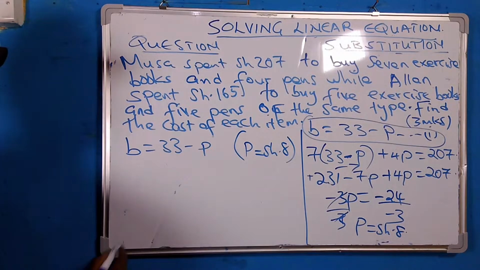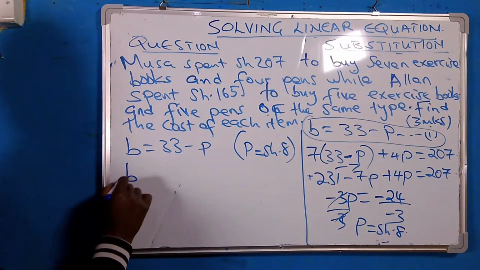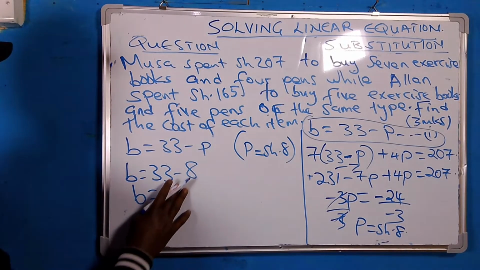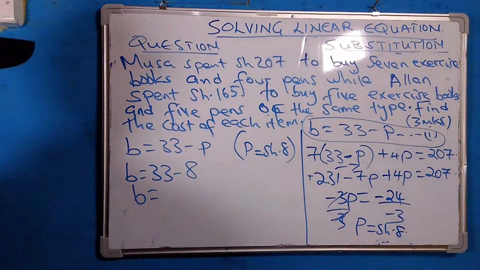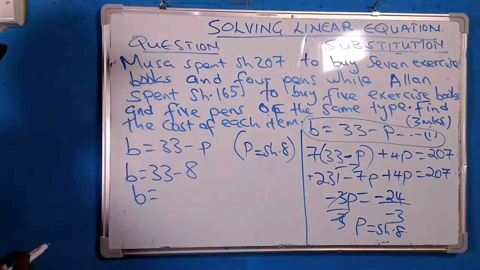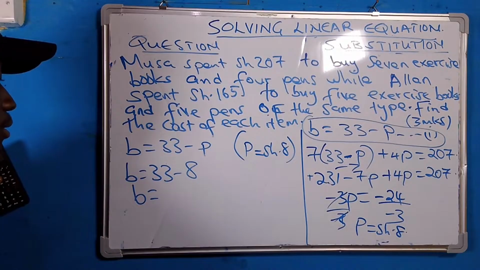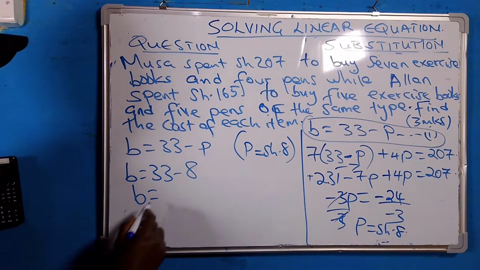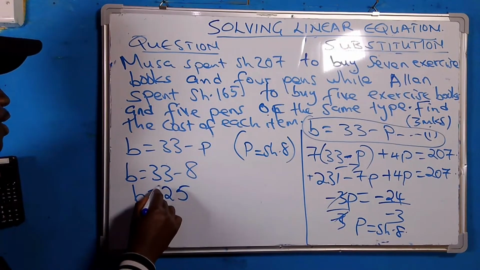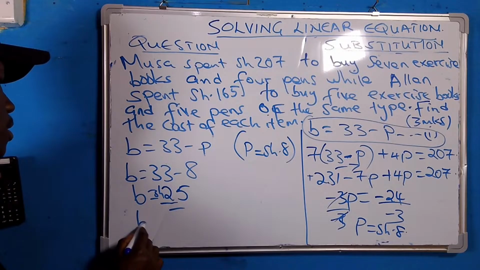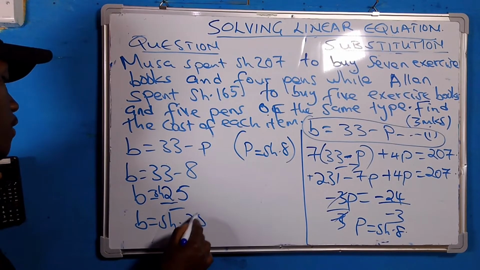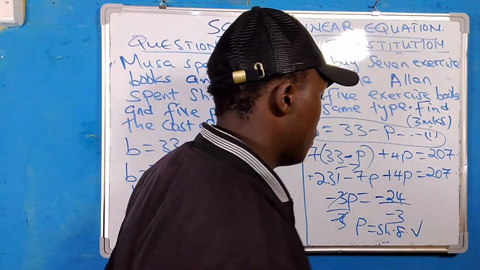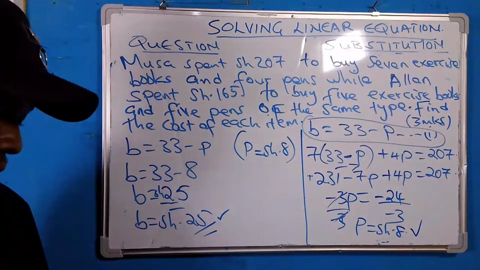Our p being 8 shillings, we will replace p with 8, and we will get our b is 33 minus 8. 33 minus 8 is equal to 25 shillings. So the cost of one book is equal to 25 shillings. And that is how we determine the value of a pen and the value of a book.